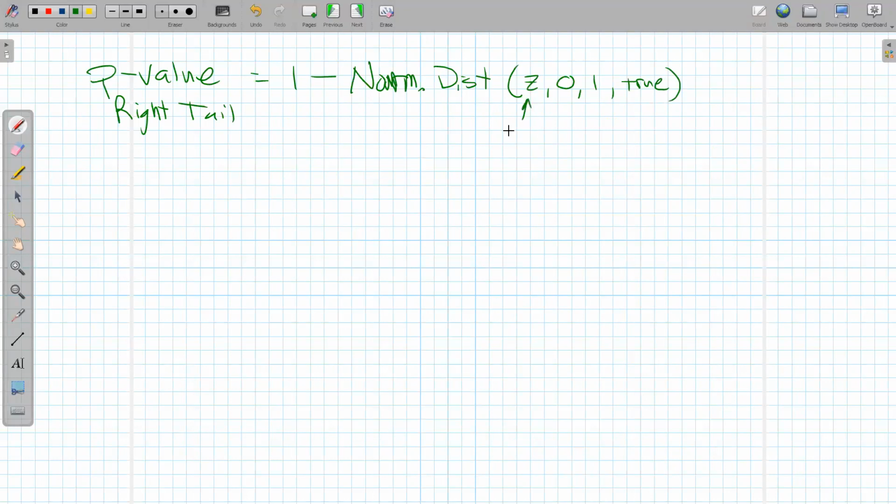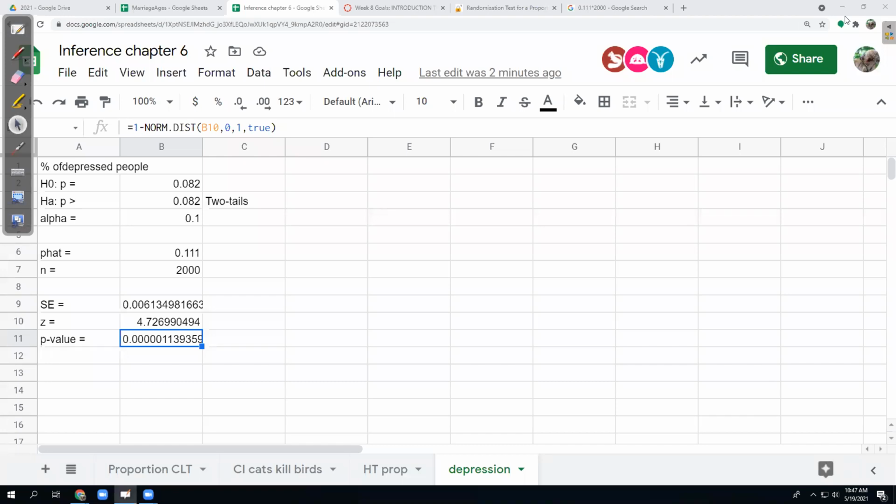So z, mean, standard deviation for z-scores. And we got pretty much 0. Sometimes you'll see that written as 0 plus. Okay, so we have a very small p-value.